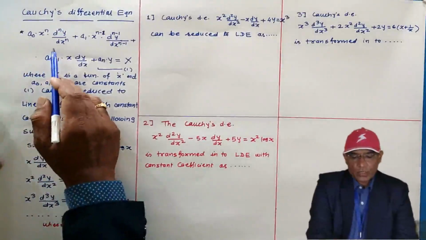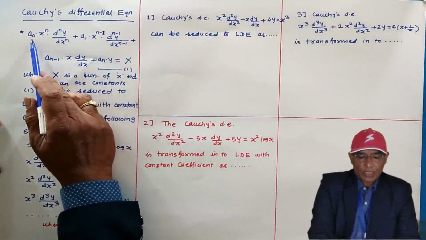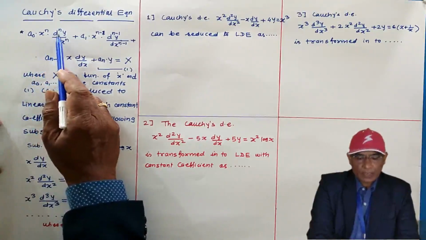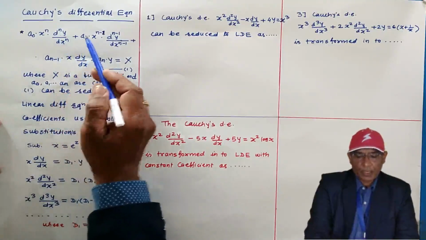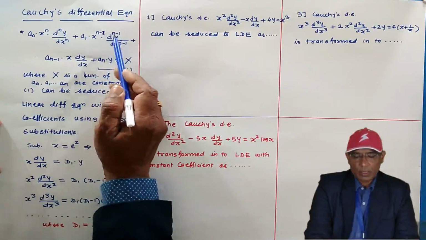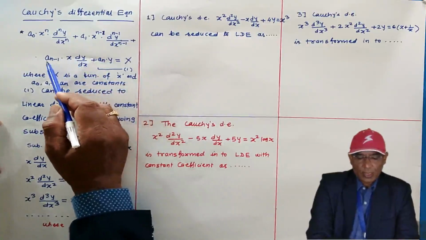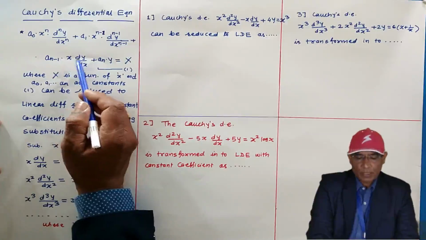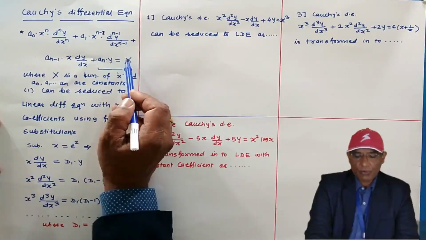Okay, this is the general form of Cauchy's differential equation. a0 multiplied by x power n multiplied by nth derivative of y with respect to x plus a1 x power n minus 1 into n minus 1th derivative of y with respect to x plus and so on, a n minus 1 x power 1 dy by dx plus a n y equals function of x.